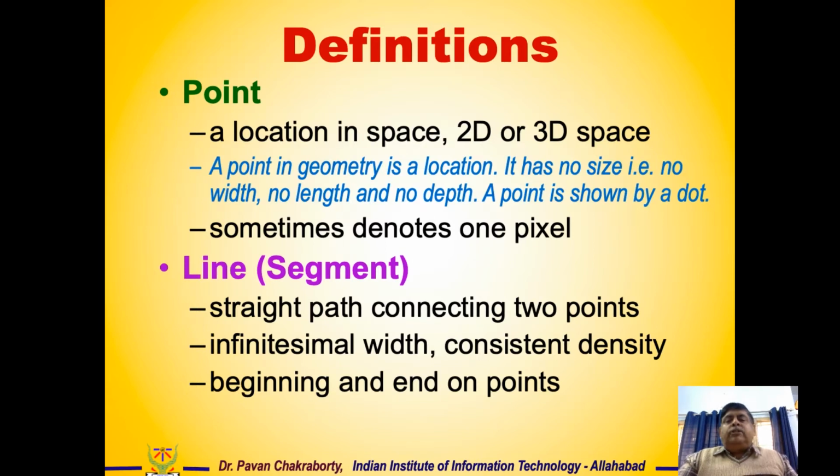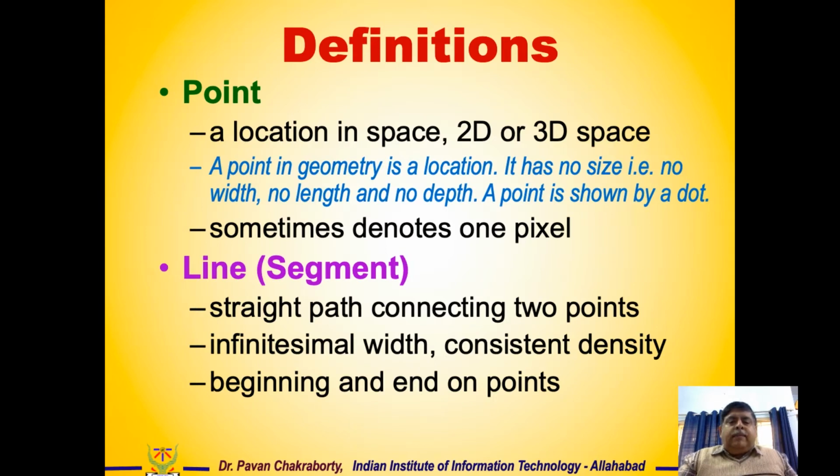It is not possible in a digital display mechanism to have an infinitely small dot. What you have is a finite size dot, which you call a pixel. 1 pixel is the basic image element of your screen, and it contains just one data point that you can represent.